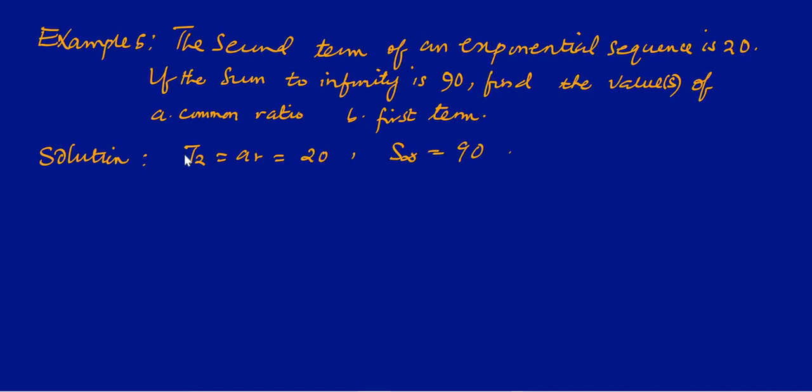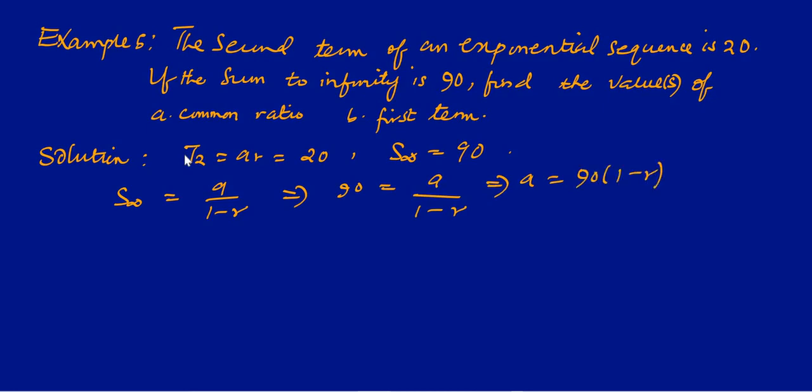I know that sum to infinity, S infinity, is equal to A over 1 minus R. This implies that 90 equals A over 1 minus R. This also implies that by cross multiplication, A will be equal to 90 bracket 1 minus R. So this is equation 2, while this is equation 1.